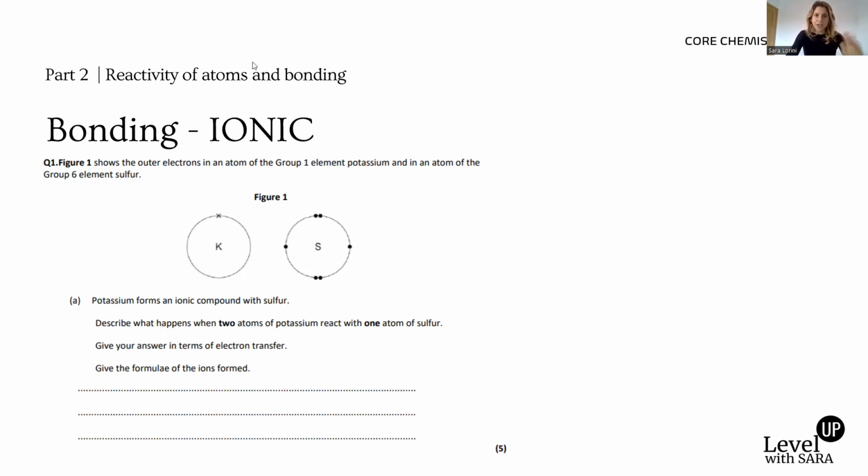So this is the first question. Let's get started. If you play, it means that you tried the answer and you're ready to mark it. Very important for this question, apart of these 5 marks, we need to really know where these marks are distributed because it's a very open question.